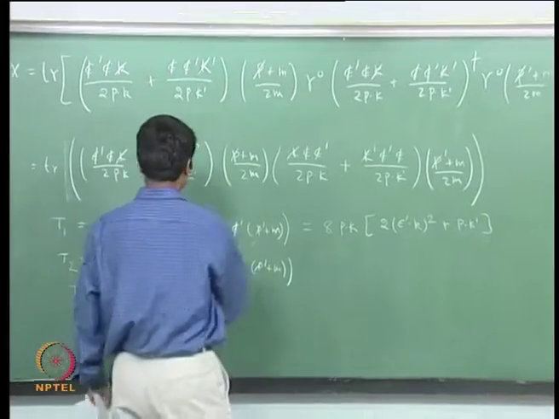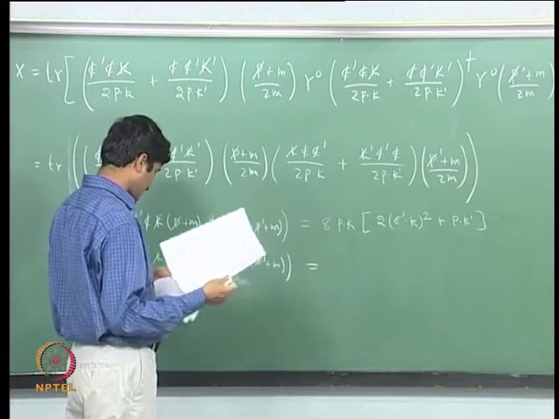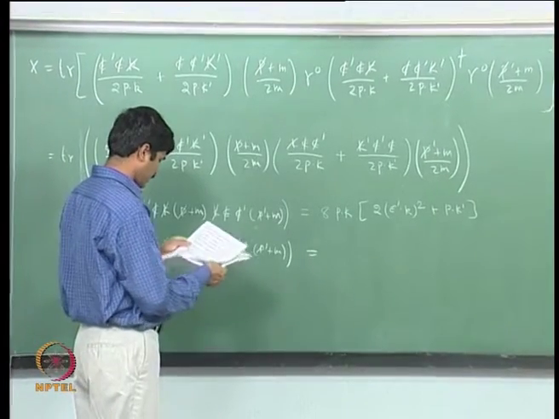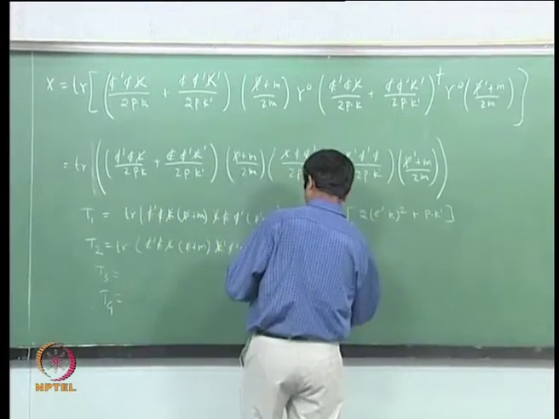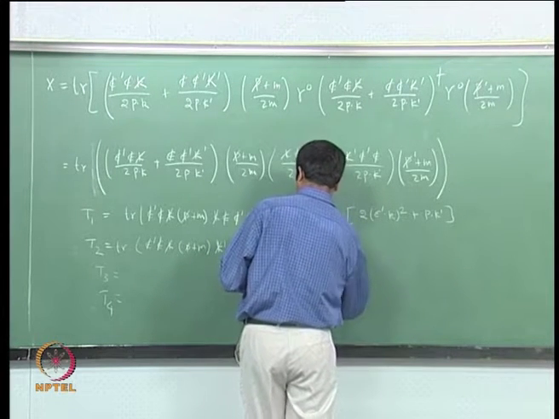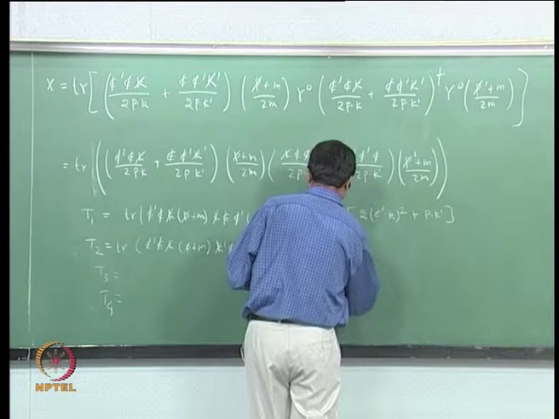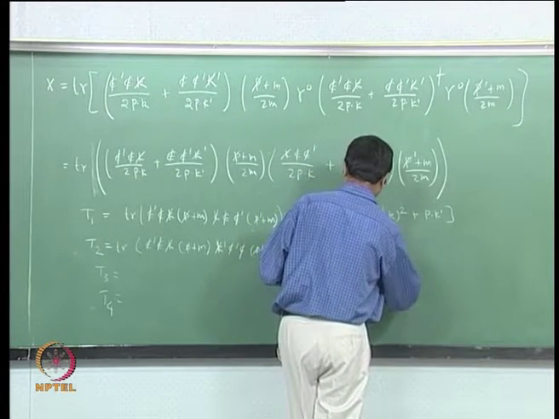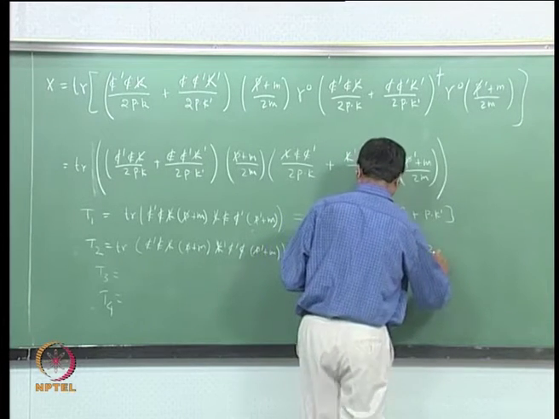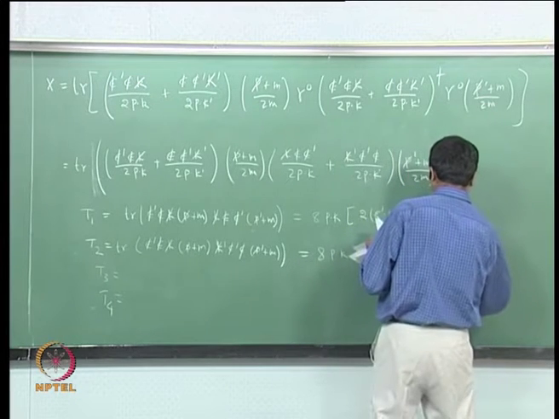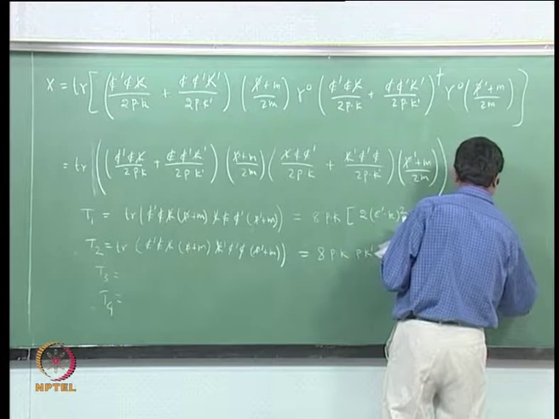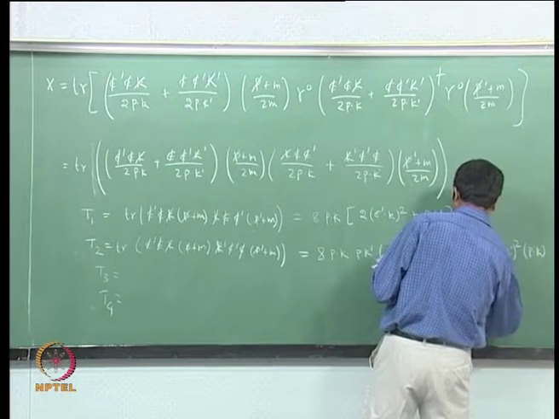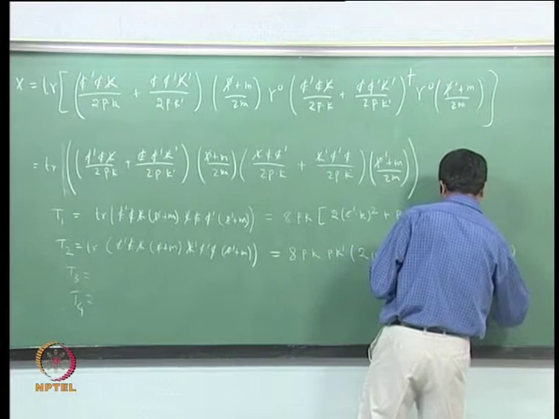and T2 we will evaluate, and we will show that the value of T2 is somewhat complicated. 8 P dot k P dot k prime into twice epsilon dot epsilon prime square minus 1, plus 8 epsilon dot k prime square P dot k, minus 8 epsilon prime dot k square P dot k prime.